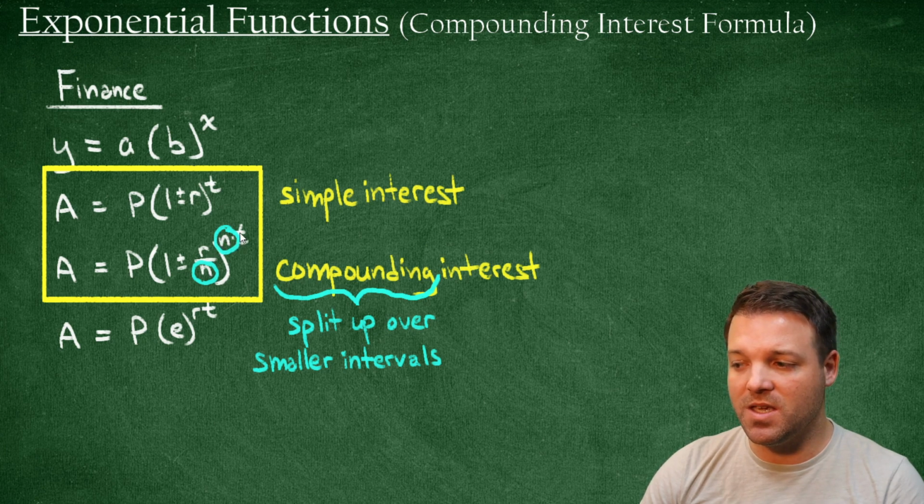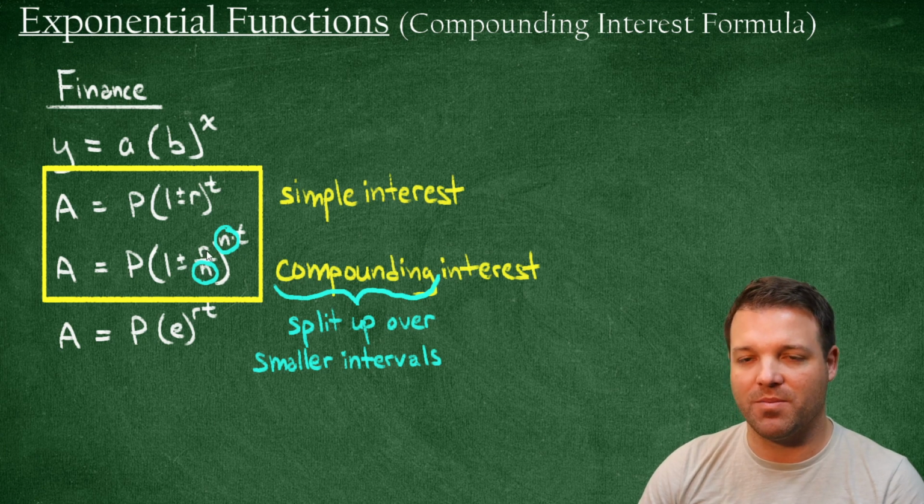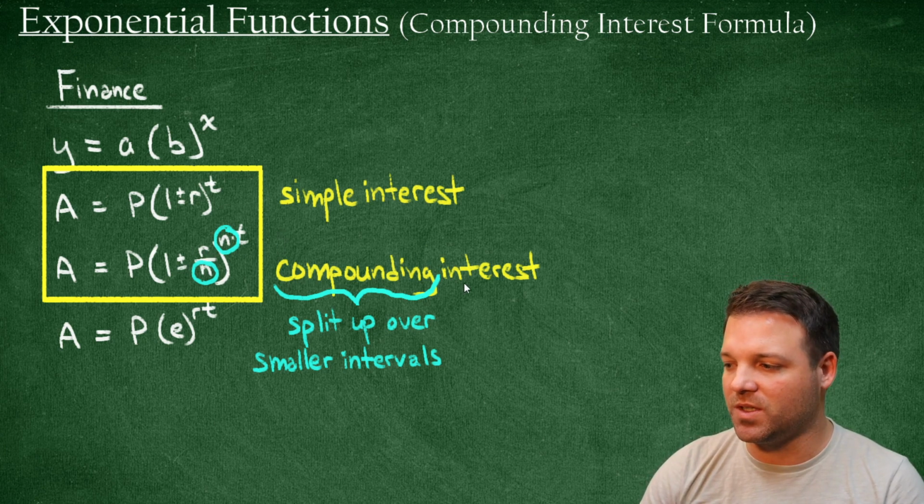And then t, since t is specifically in years, then we also have to say, well, if we're going to compound like 4 times per year, for example, that would be n would be 4 times per year, and then t would be 1 for 1 year. So we do have to apply n by dividing our rate and also adjusting the amount of times that we're actually going to multiply by this rate as the exponent.